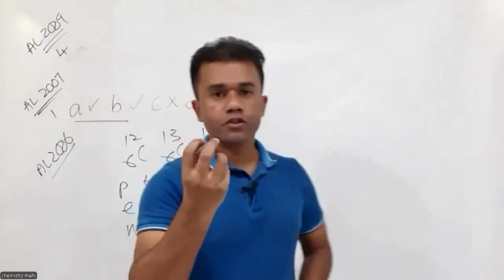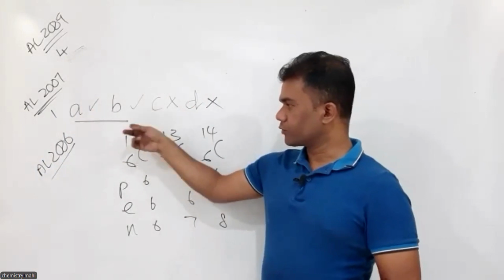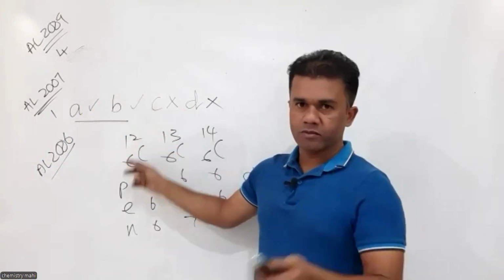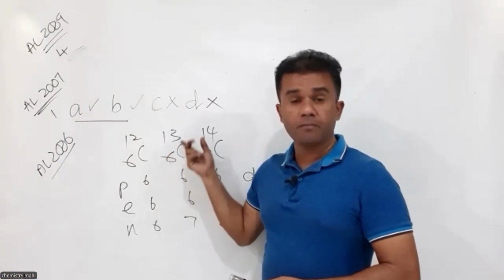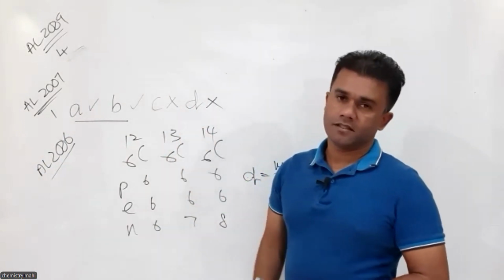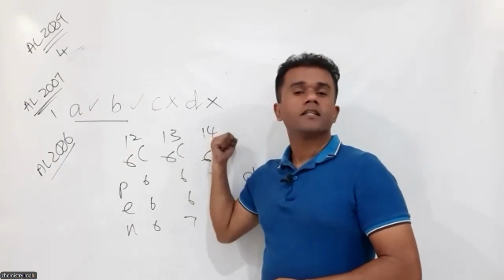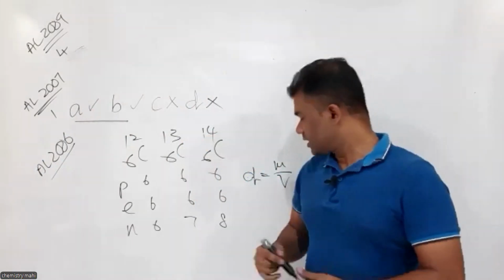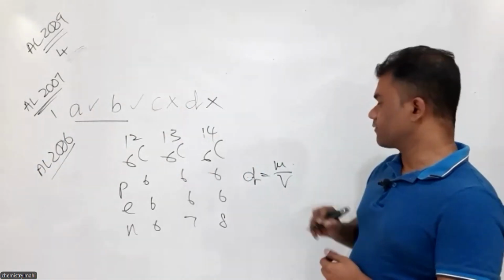So if you consider unit volume of carbon 12, then the mass is 12 per unit volume. Assume like that. If you consider the same unit volume of carbon 13, the mass is 13. If you consider the same unit volume of carbon 14, the mass is 14.